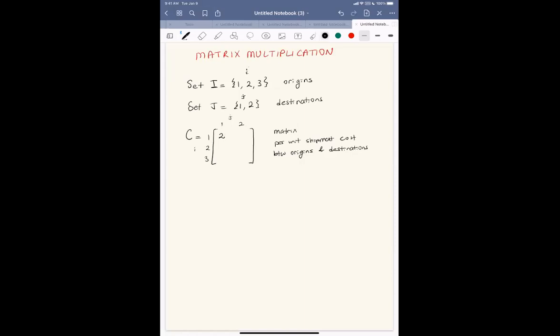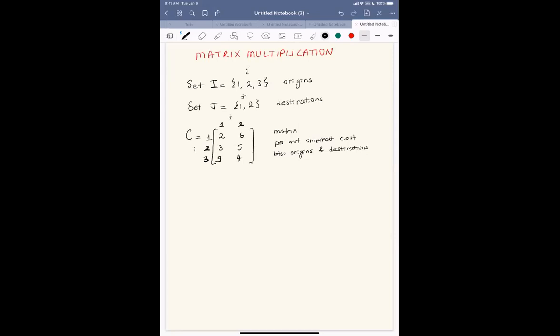From the first origin to the second destination, the cost is $6. Moving on, from the second origin to the first destination, $3. From the second origin to the second destination, $5. And moving on to the third origin, first destination cost is $9, and the final one is $4 per unit.